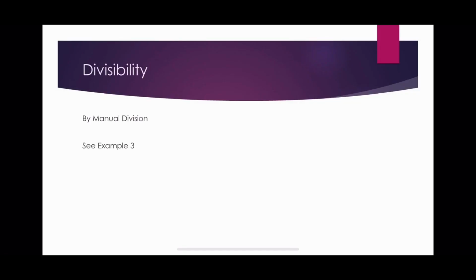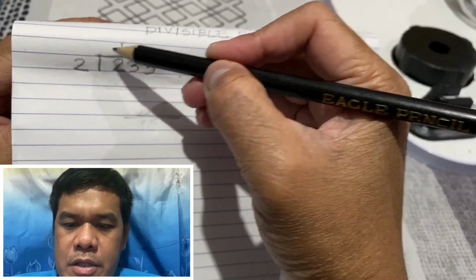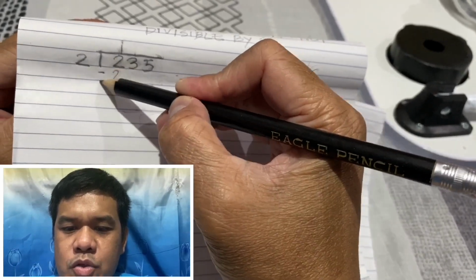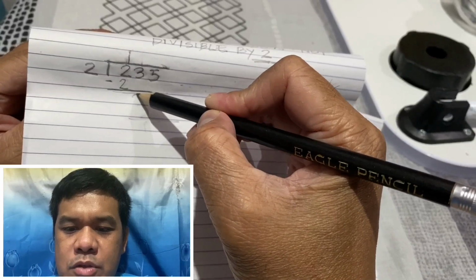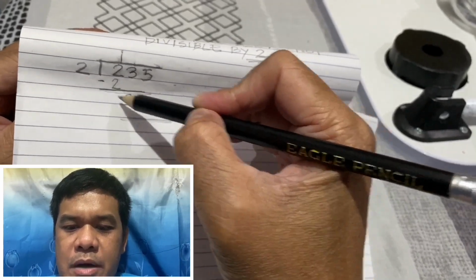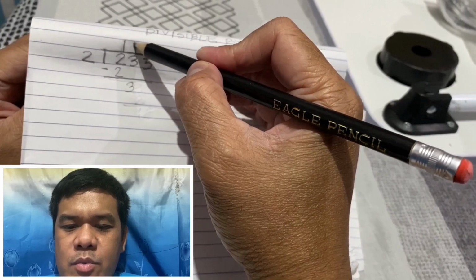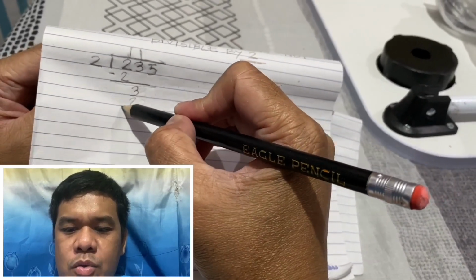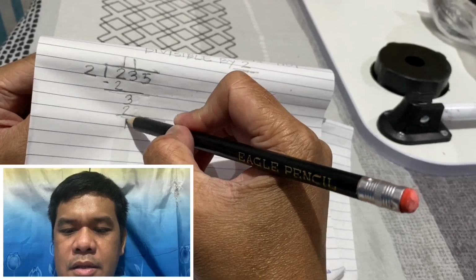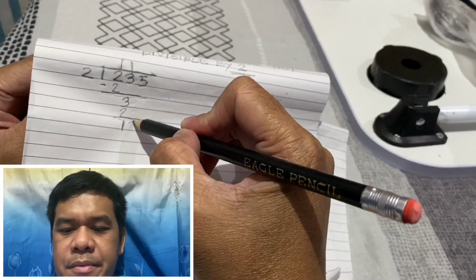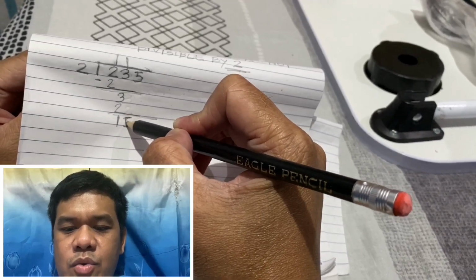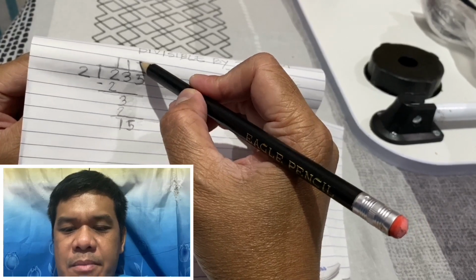Now, let's see example 3. 2 divided by 2 is 1. 1 times 2 is 2. 2 minus 2 is 0. Then bring down 3. 3 divided by 2 is 1. Then 1 times 2 is 2. 3 minus 2 is 1. Then bring down 5. Then 15 divided by 2 is 7.